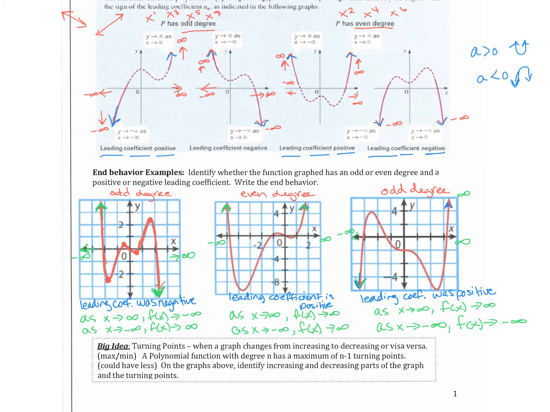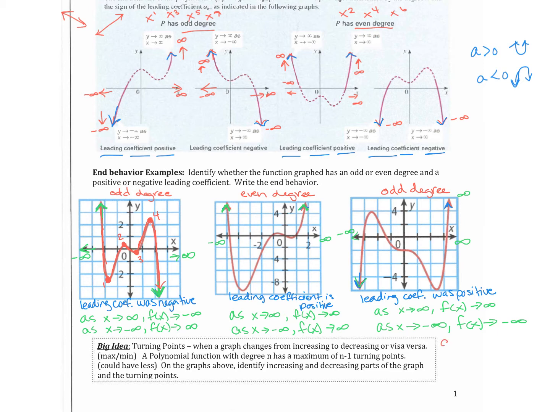So in this picture, it looks like I have 1, 2, 3, 4 turning points. And we call those turning points local maxes, local mins, global maxes, and global mins.